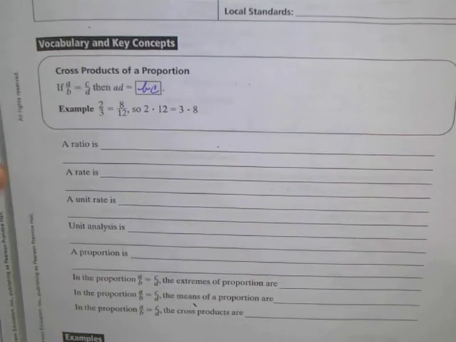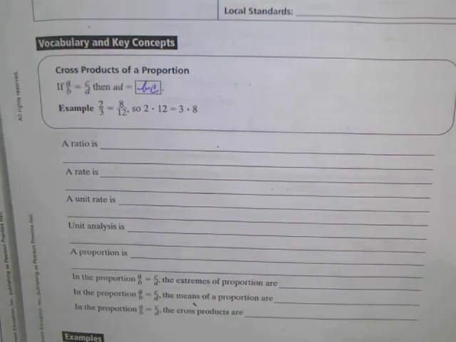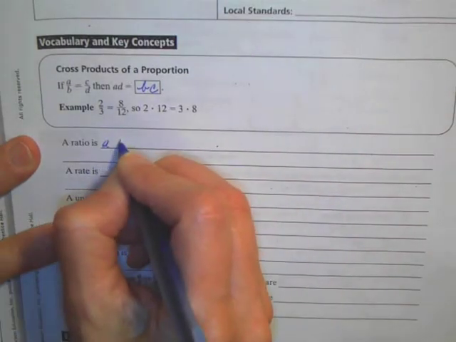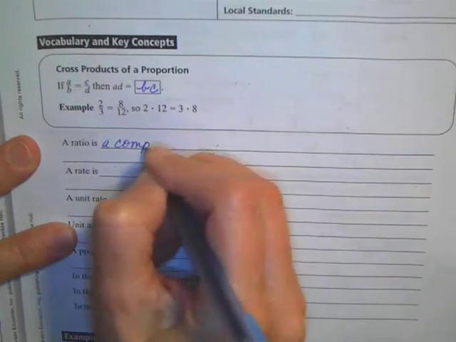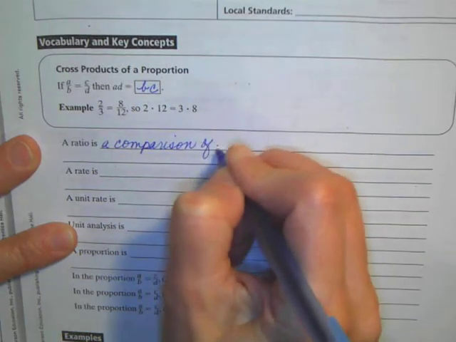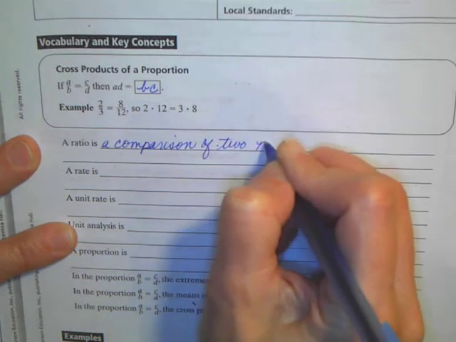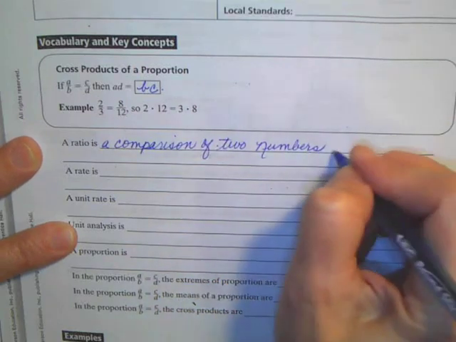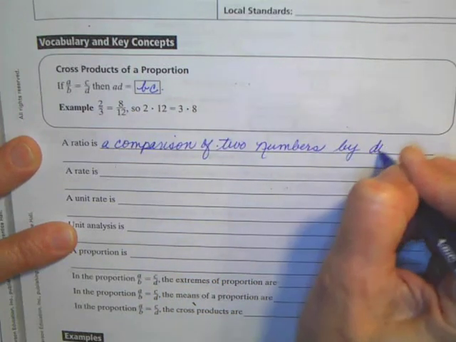Now we do have a few definitions we want to deal with. A ratio is a comparison of two numbers by division.